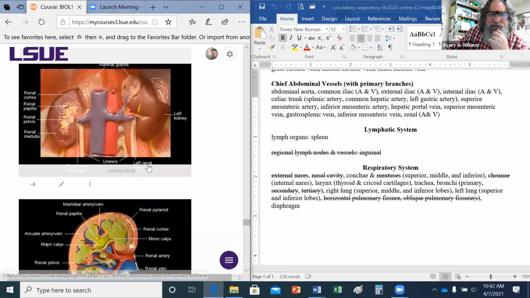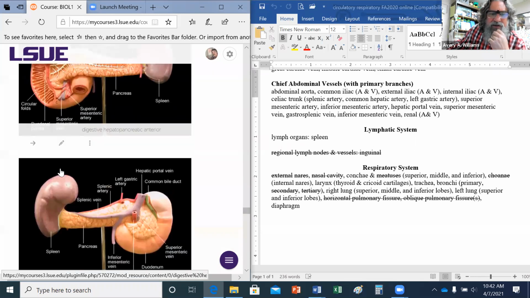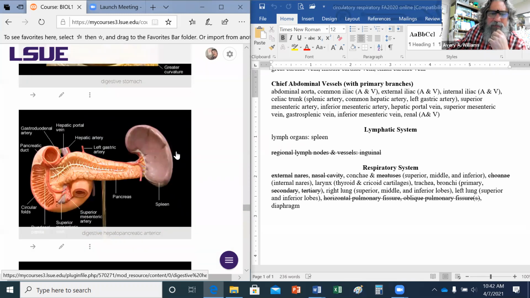And so the spleen, where's the spleen? Well, here's the spleen right there. So why is it part of the circulatory system? Well, it serves by filtering lymph, I guess you can say, but it acts as a blood reservoir. It's a very vascular organ.